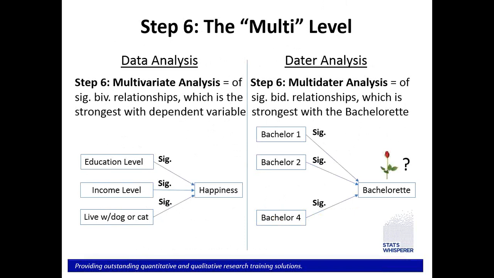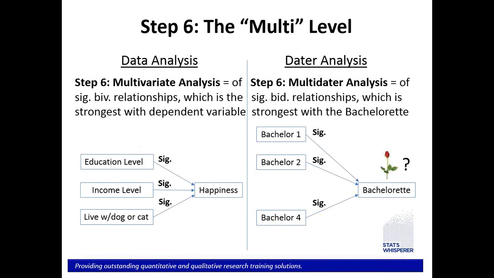So this is where the bachelorette, after she's identified the bachelors with whom she has a significant one-on-one relationship, determines who she has the strongest relationship with, and that bachelor gets a rose, among winning the show and going out on dates. So I guess the rose might be inconsequential to him.